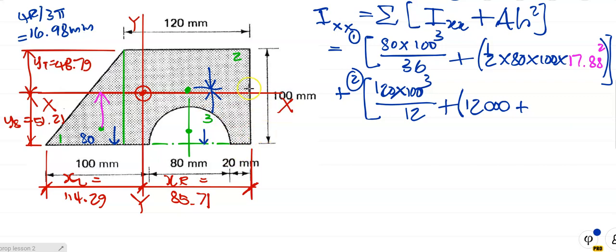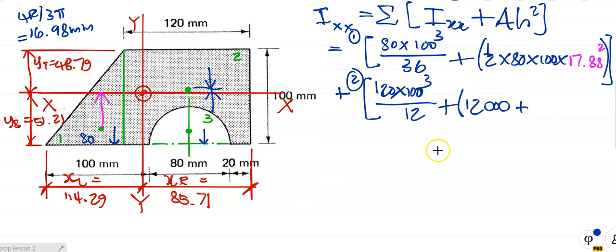Now be careful. This is a sketch. We're drawing it freehand. It's not drawn to scale. That centroid and that centroid could be sitting on the same line, or it could be slightly above or slightly below. So have a look, think about it, and get the distance h. Did you work it out? Is it sitting on the XX axis or above or below?